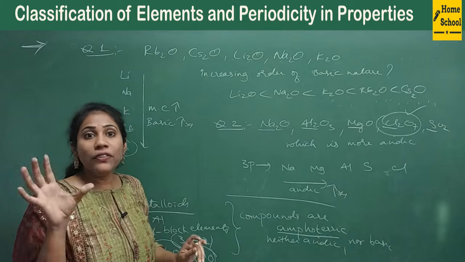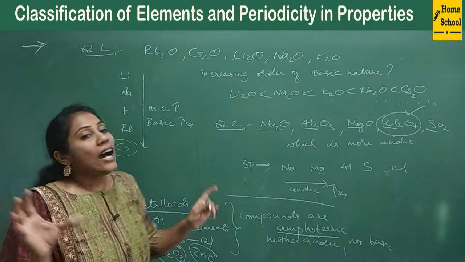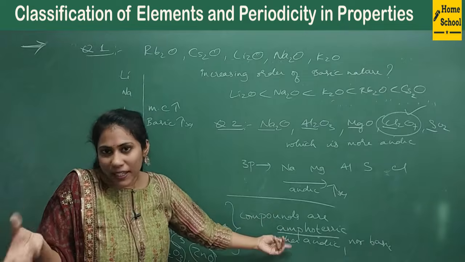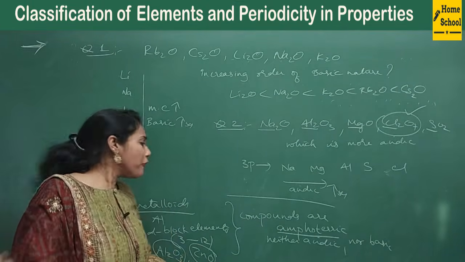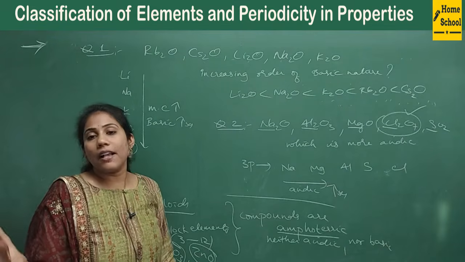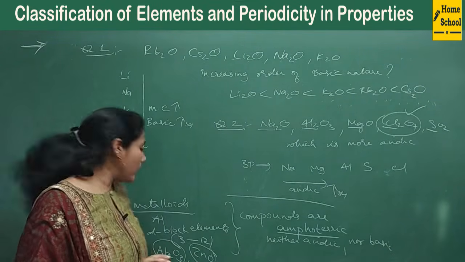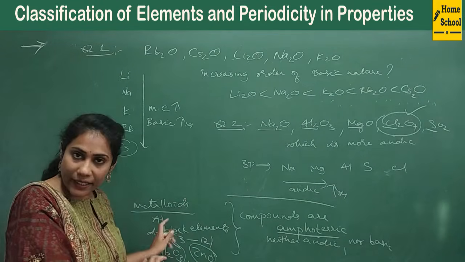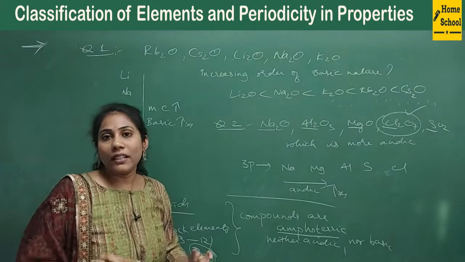There you will understand what other examples you can give for amphoteric oxides or amphoteric compounds. As of now, remember aluminium oxide and zinc oxide are the best examples for amphoteric oxide, because aluminium and zinc are metalloid. They are neither metals nor non-metals.